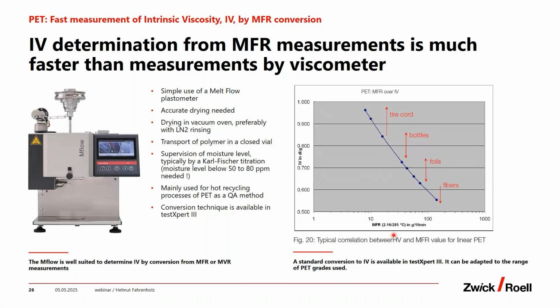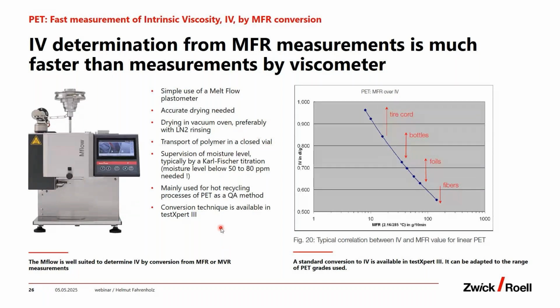So this applies mainly to polyethylene terephthalate. What you need to do is you need to really dry it very, very well. So you have to come down to a moisture level, let's say below 50 to 80 parts per million, which is really very low. You typically do it in a vacuum condition, in a vacuum dryer, maybe with LN2 rinsing.